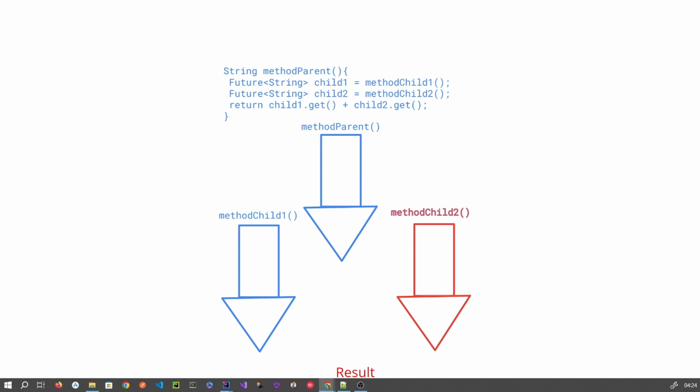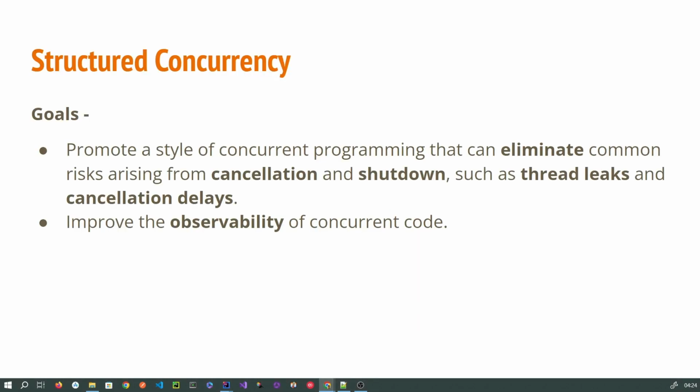So let's see what structured concurrency has to offer in this scenario. The relationship that we talked about in the previous program, that is the parent and child relationship, exists in the developer's mind. It is not there in the actual program, right? So what structured concurrency does is promote a style of concurrent programming that can eliminate common risks arising from cancellation and shutdown, such as thread leaks and cancellation delays.